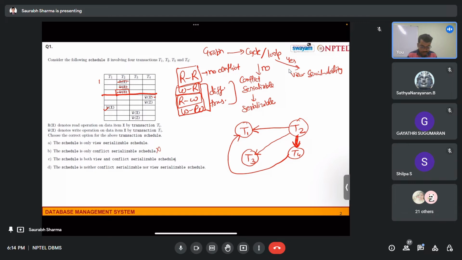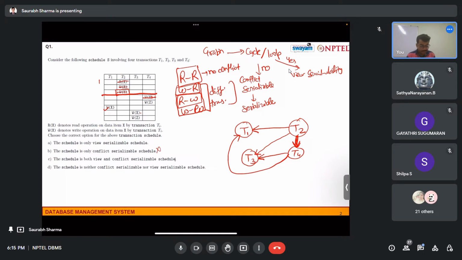Now coming to T3, Wx is there and Wx is also there, so there will be an edge from T4 to T3. Now we have executed till Wx. Now coming to Wz, the next one.